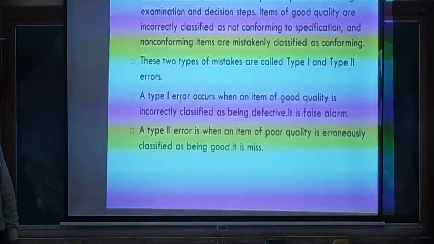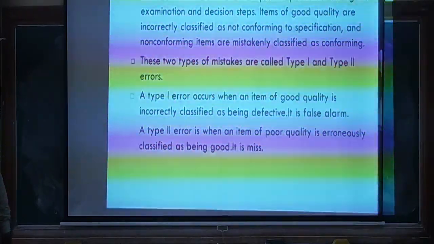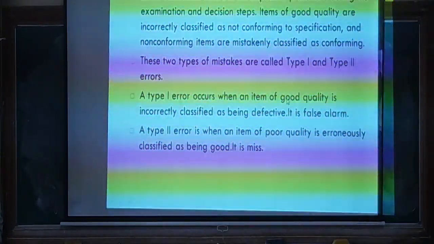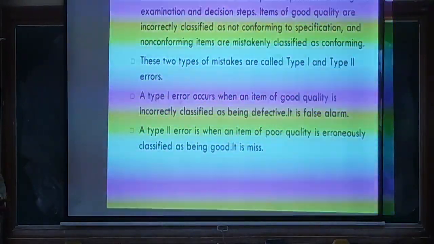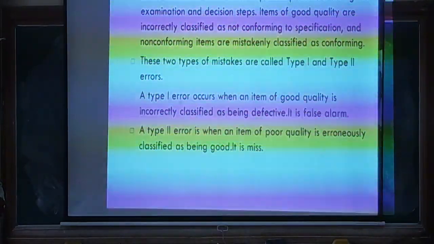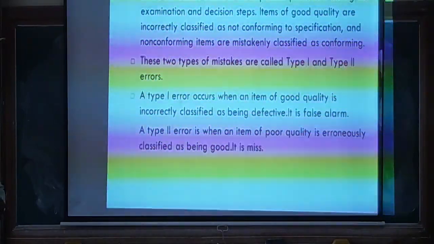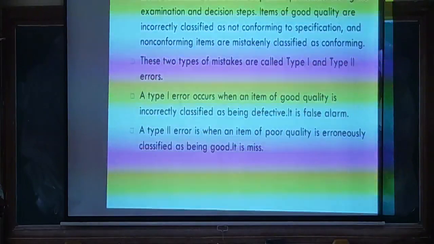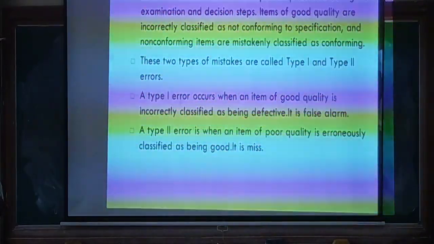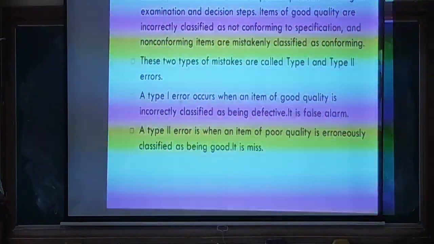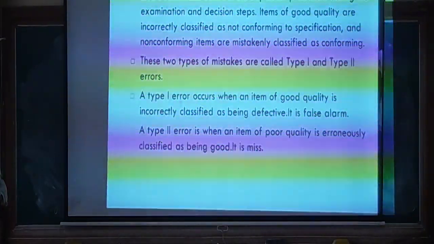In the case of a type 1 error, the good quality items are incorrectly classified. We know that the tolerance band is 0 on the upper side and 30 micron undersize on the lower side of the shaft, but we classify them incorrectly as a defective part. So that is actually a false alarm.